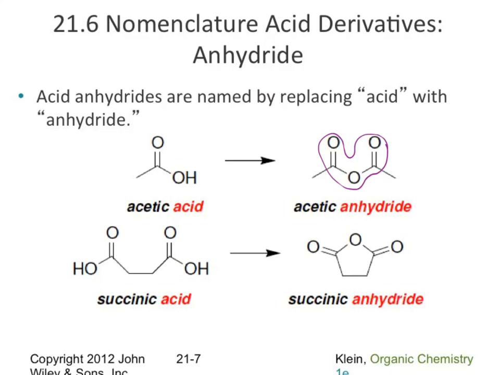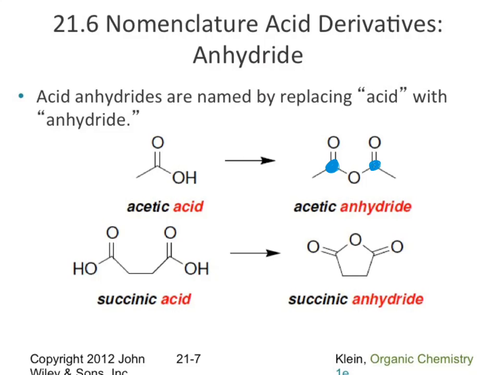What's the most reactive piece within our anhydrides? As with all of our acids, our most reactive piece is the carbonyl carbon, which is electrophilic. Is there another electrophilic carbonyl carbon in that structure? Yeah, right next door.